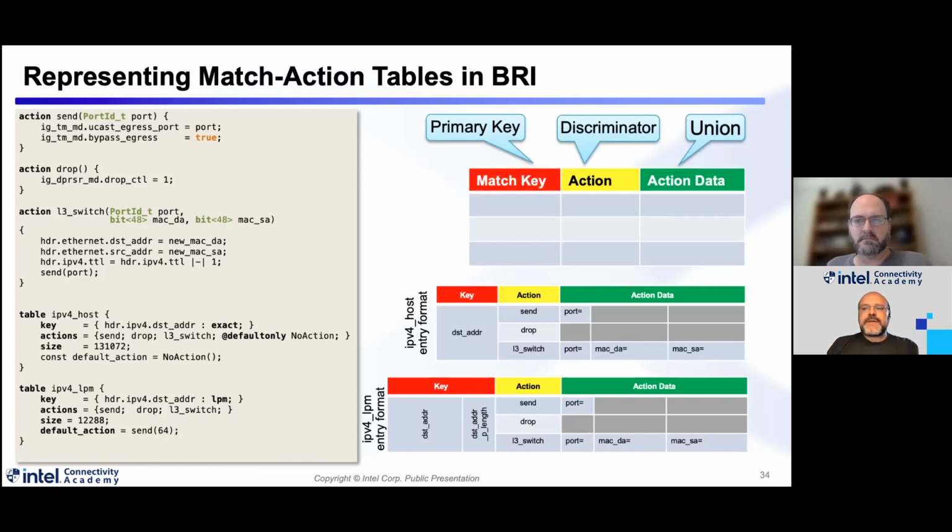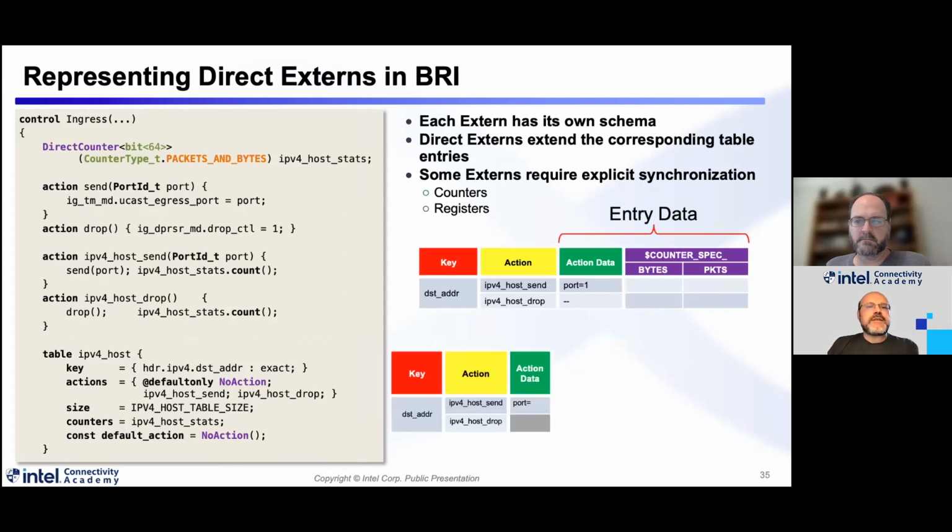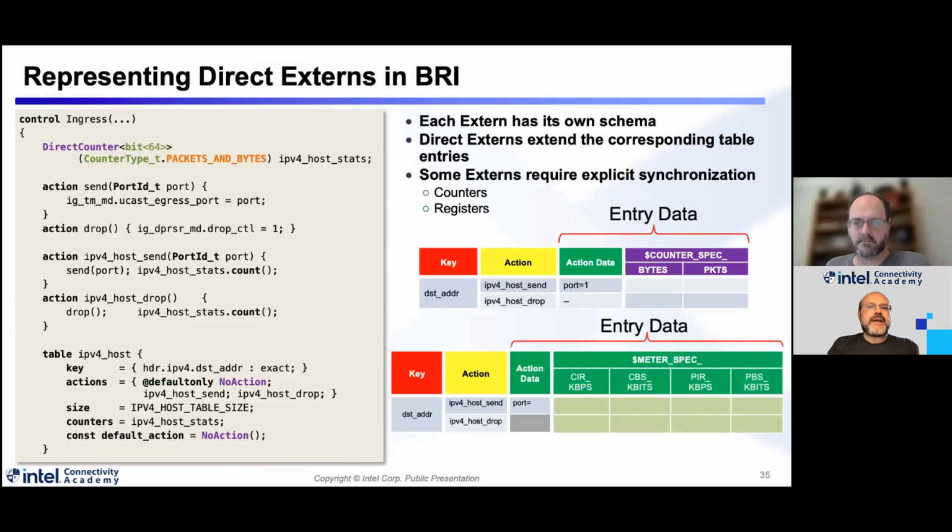In terms of differences, the main difference is that the Barefoot Runtime interface was designed to control any kind of object, be it defined in a P4 program or not, by exposing all kinds of objects as tables. It could be externs, for example. Direct externs can be thought of as extensions of existing tables, like here I have direct counters and direct meters.